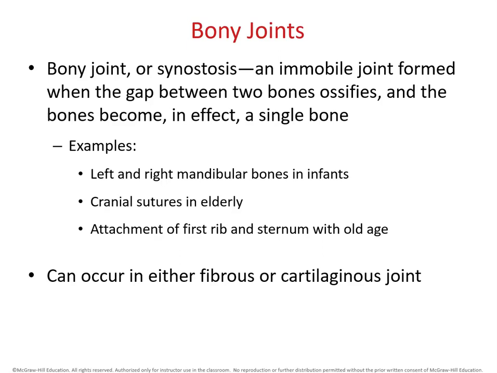We talked previously that your jaw, your mandible, the left and the right portions were separate bones in an infant, but they become just one functional piece as an adult as that bony joint ossifies. Cranial sutures are another example, and also where the first rib meets the sternum as a person ages, that becomes a bony joint.